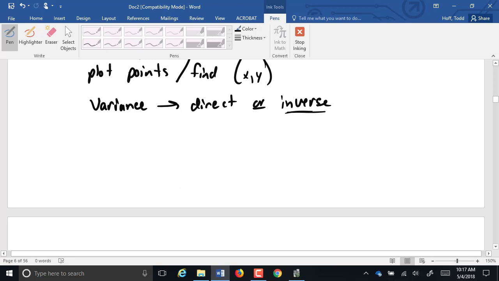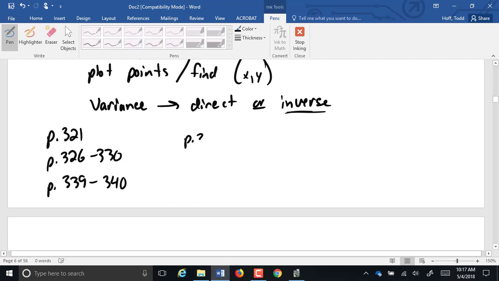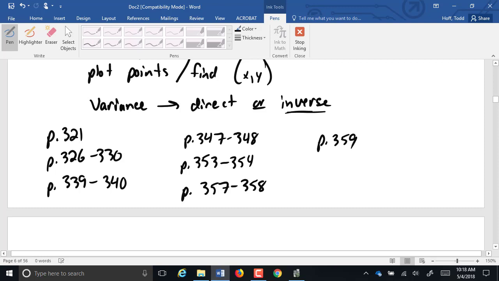There are a ton of pages here, so I will just list the pages. 321, 326 to 330, 339 to 340, 347 to 348, 353 to 354, 357 to 358, 359, and 363.